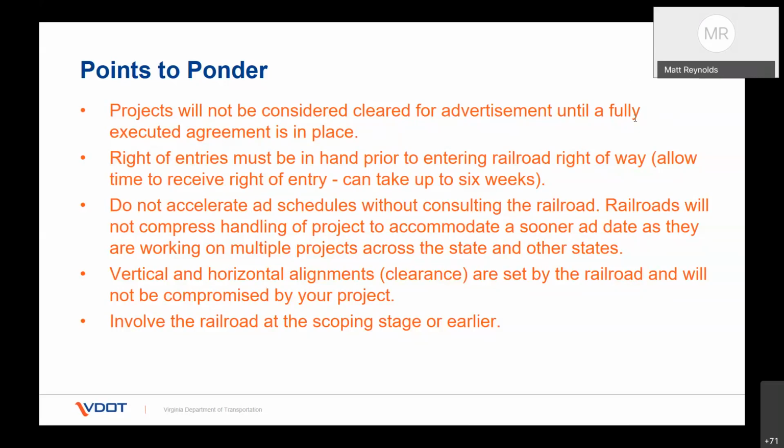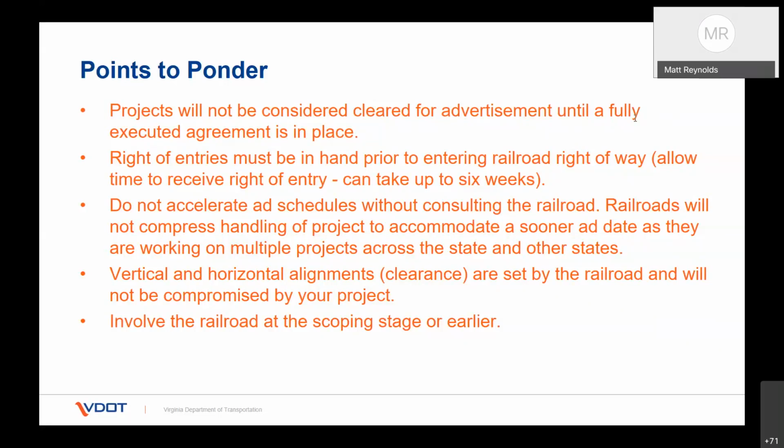Do not accelerate ad schedules without consulting the railroad. Railroads will not compress handling a project to accommodate a sooner ad date as they're working on multiple projects across the state and other states. As a public projects engineer, we work with both Norfolk Southern and with CSX. They handle several states, 5 or 7 states apiece. Each state has its own demand.